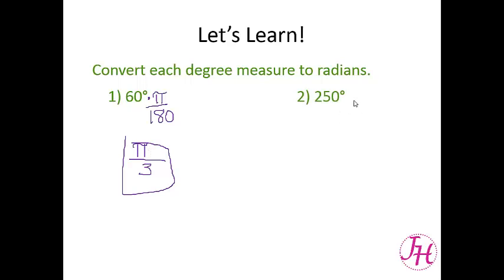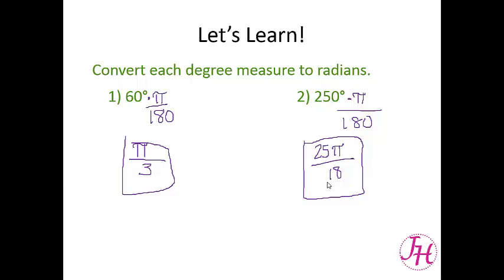Then we have 250 degrees. We multiply by pi over 180. And then when we reduce 250 over 180, we get 25 over 18, so it becomes 25 pi over 18. Now that's the exact answer.